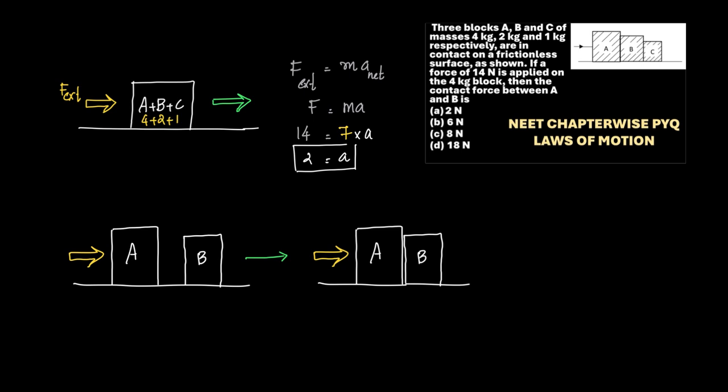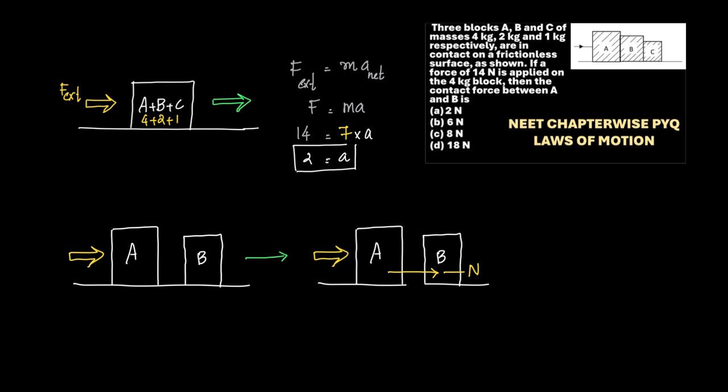If we break this visualization into two parts, let us see those two parts simultaneously. A is colliding on B, which means A will give a force on B. Let us call this force the normal reaction, and we'll write it in detail to understand the concept very clearly.